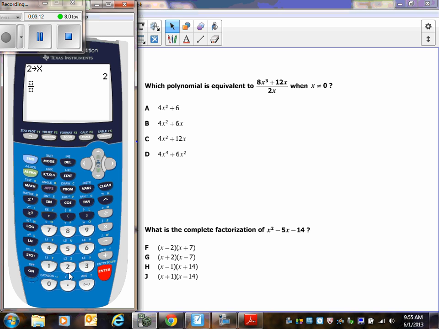All right, so let's type in 8x cubed, then arrow out, plus 12. You have a choice of how you want to type in the x. You could use this key for x, or you could use your alpha x. And then let's type in our 2x.